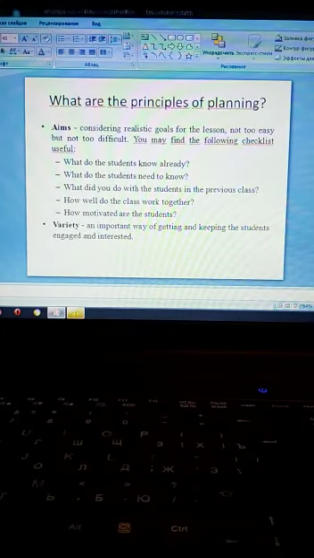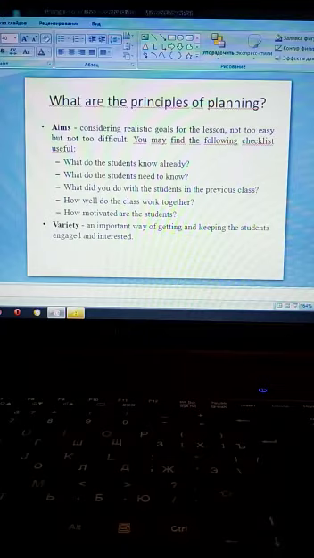Now we are going to talk about the principles of planning. The first principle is aims. Aims: considering realistic goals for the lesson. Not too easy, but not too difficult. You may find the following checklist useful. What do the students know already?